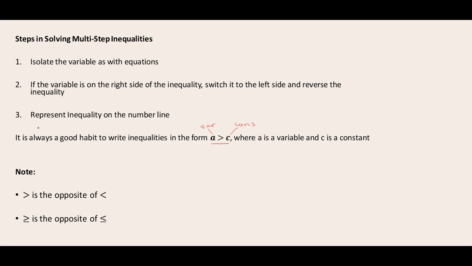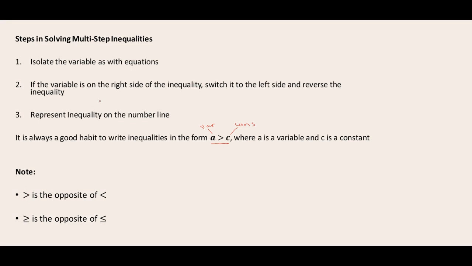An important thing also to note here is that if you multiply or divide by a negative number, you will always switch the sign. And if you switch the variable from the right to the left, you will also switch the inequality sign.